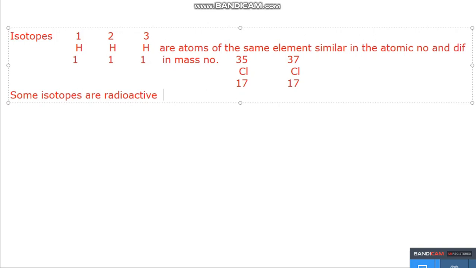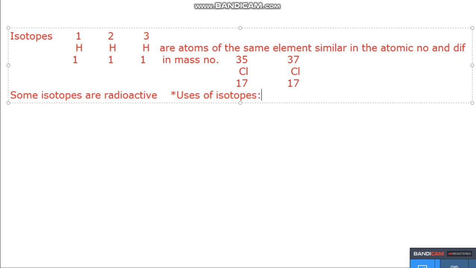So now we will talk about useful uses of isotopes.